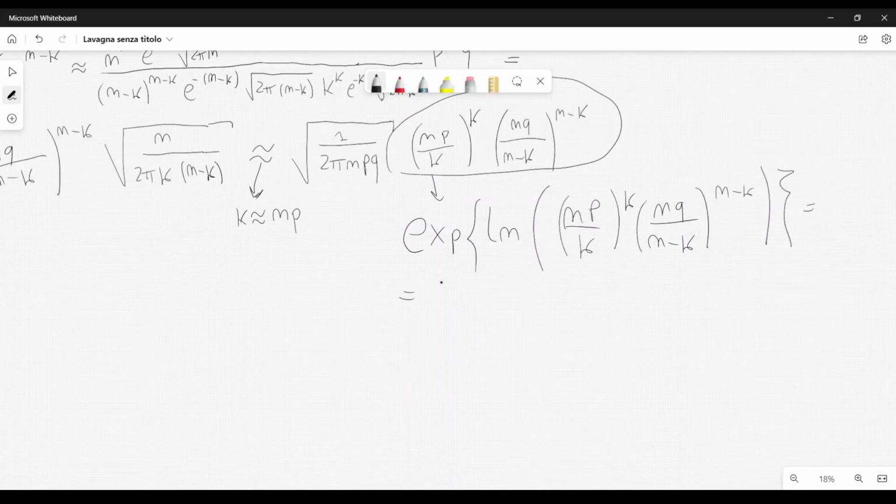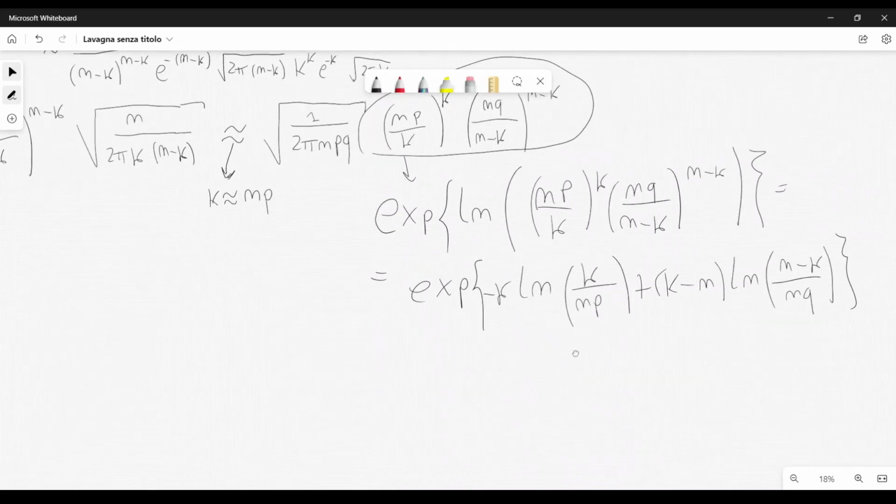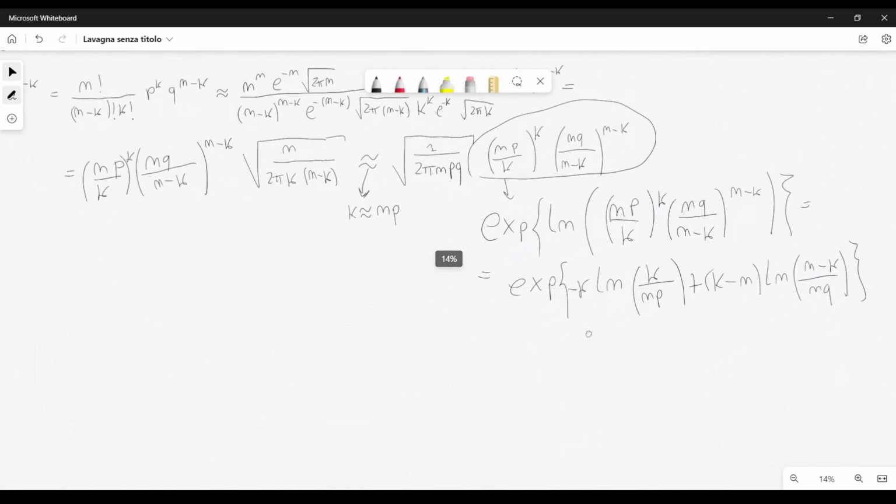And for the properties of the logarithm, we can rewrite that as exp of k times the logarithm of np over k, or if you want, minus k times the logarithm of k over np. And then I have plus n minus k times the logarithm of n minus k over nq. This is just for the properties of logarithms and exponentials. So the exponential of the logarithm is simply equal to the argument of the logarithm. This is just a simple mathematical trick which will help us in the derivation.